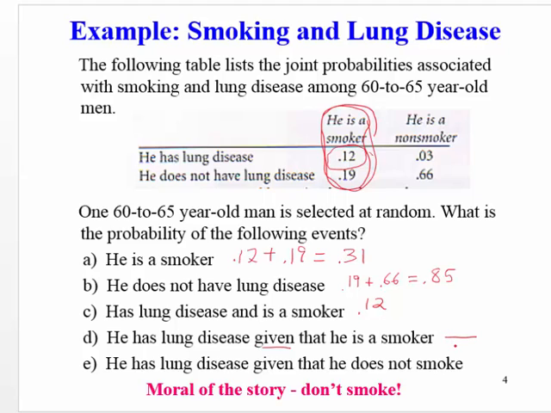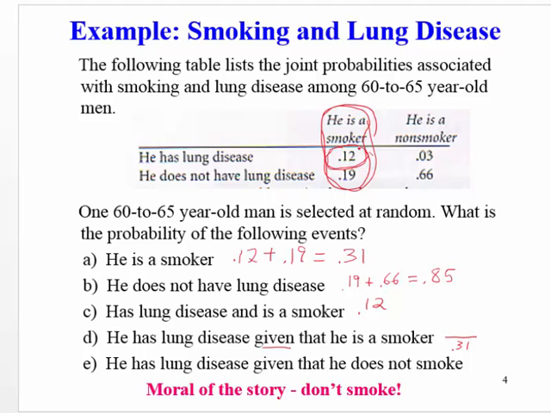All right. So that's the probability of A. That's just the probability of B. B is that he's a smoker. So that's 0.31 or 31 out of 100. We can look at these as a total number out of 100. And what's on top is that he has lung disease and a smoker. So that's this one. So this part has lung disease out of this whole part here.